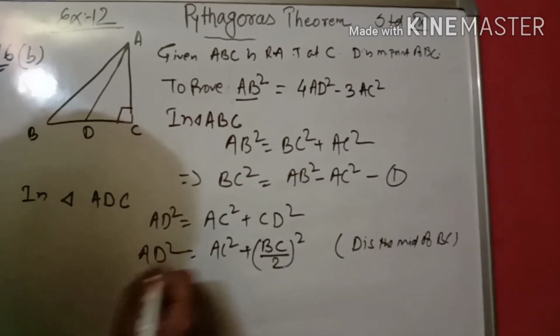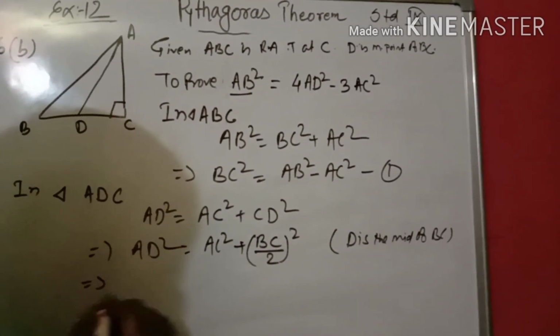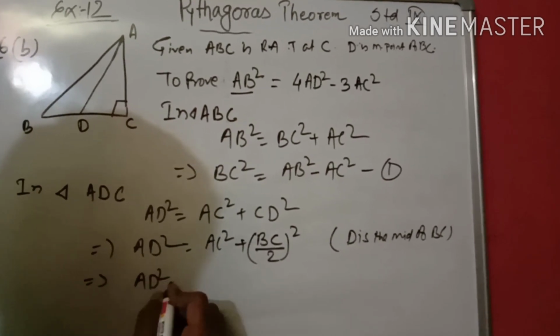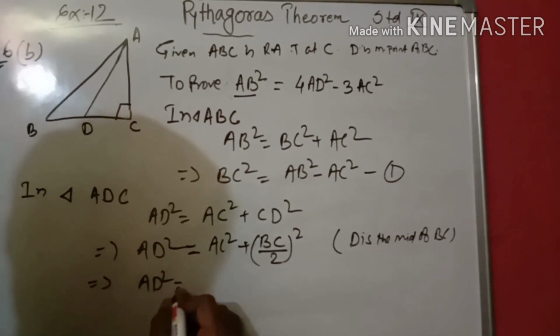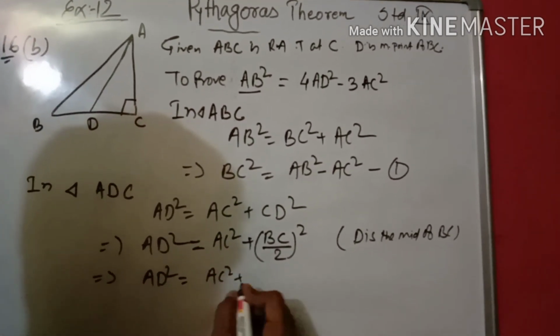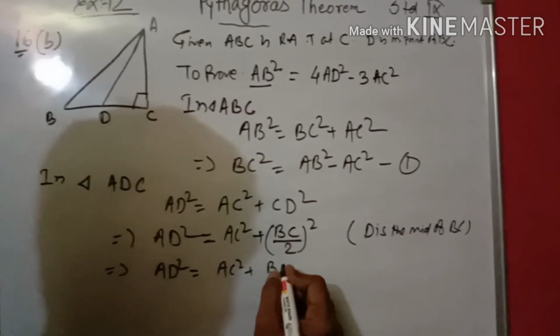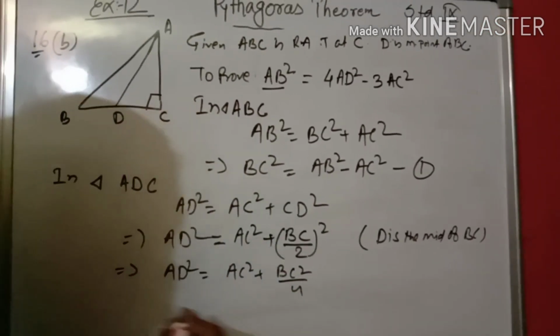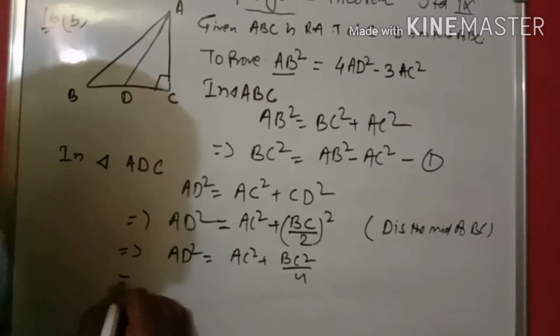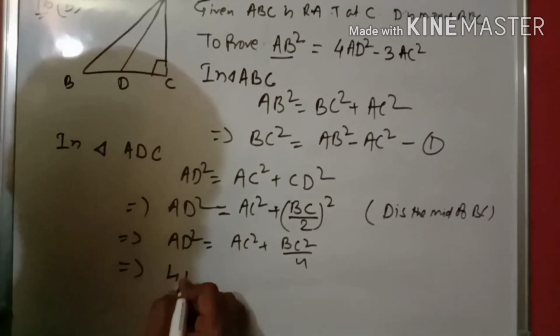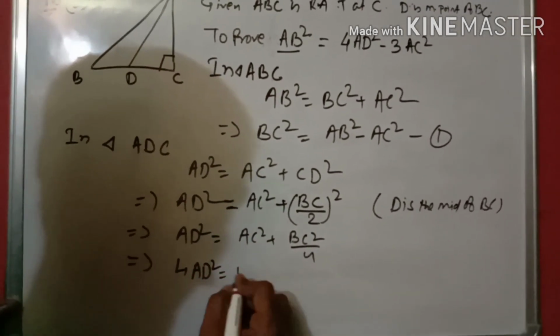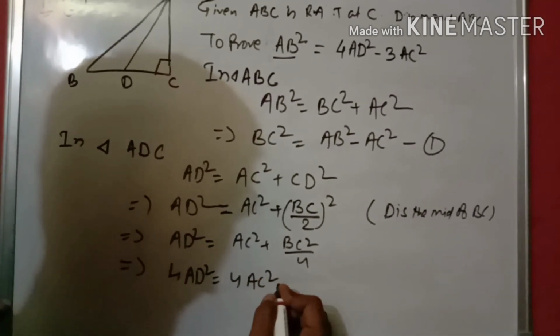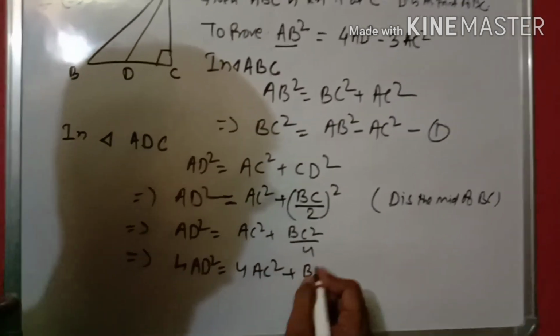Therefore AD square equal to AC square plus BC square by 4. Now take LCM, so 4AD square equal to 4AC square plus BC square.